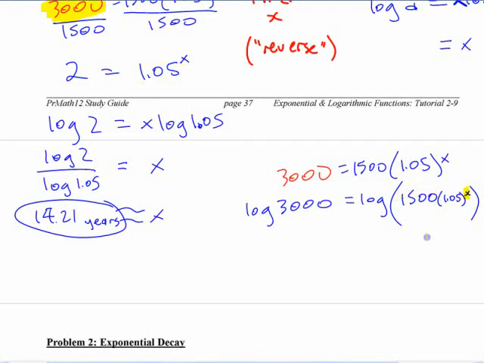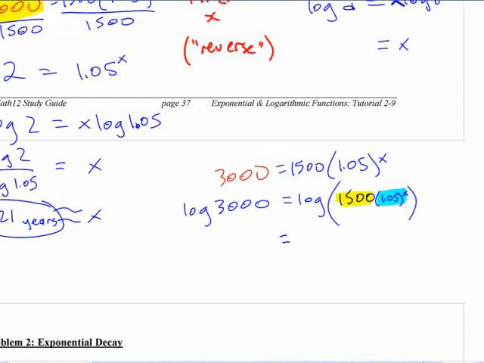No, just the 1.05. You do have two things multiplied. You got log of 1,500 times 1.05 to the x, and you learned a rule for that. You learned a rule for log of two things multiplied. How can you deal with that? You're gonna get it if I say log of AB. What is that equal to?